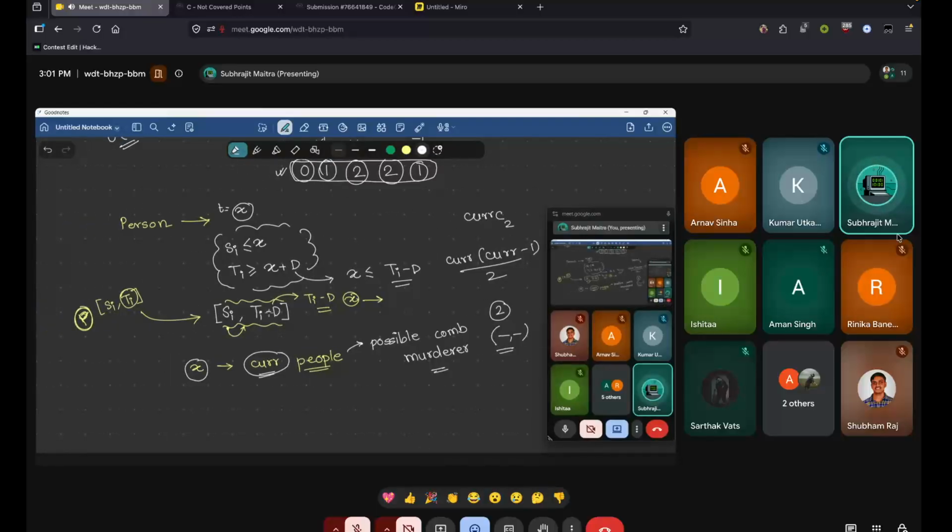So what we will do is, suppose we are looping through all the intervals, in our difference array at time Si, we will do a plus plus, and in our difference array at time Ti minus d plus 1, because end plus 1 we were doing, we will do a minus minus. Can you tell me why I did this?